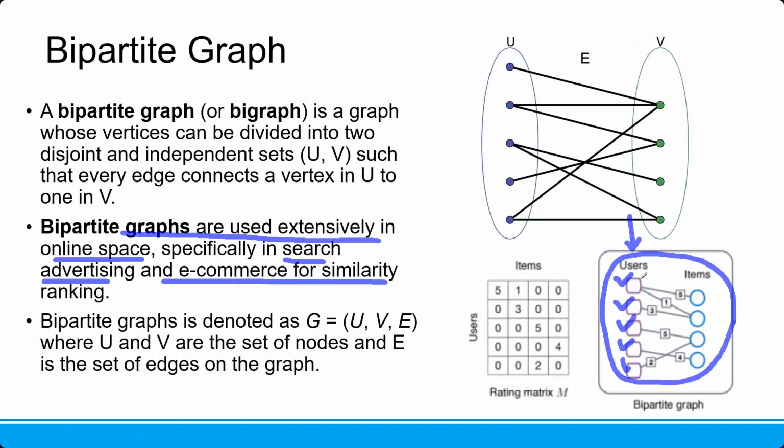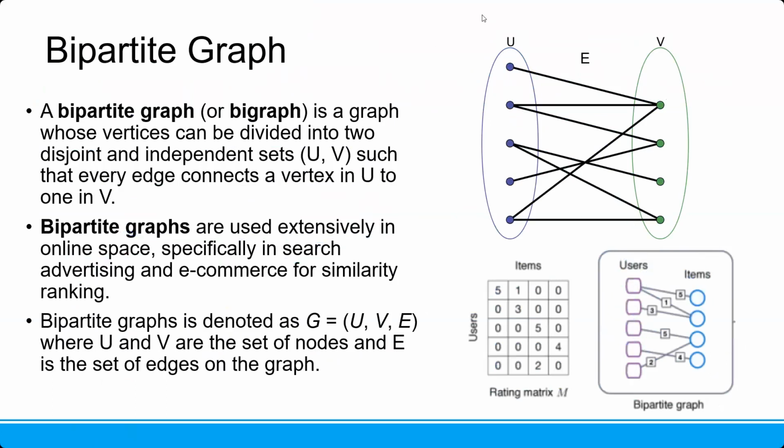And every customer is connected to an item. So this customer buys this item, and this customer buys this item. When this customer buys this item, the customer gives a rating 5. When this customer buys this item, the customer gives rating 1. And so we get the bipartite graph.